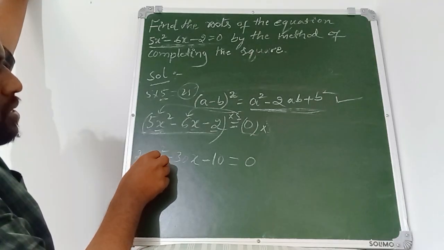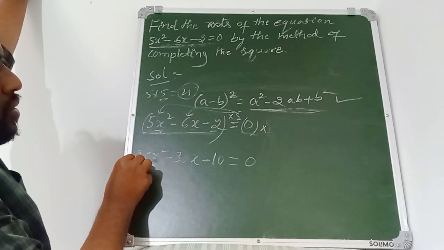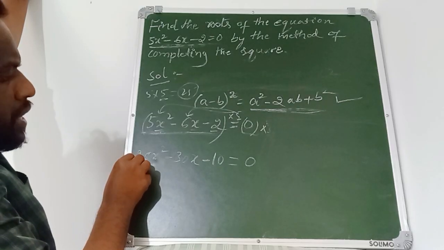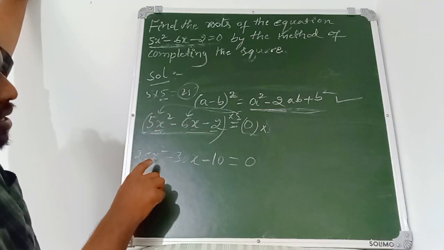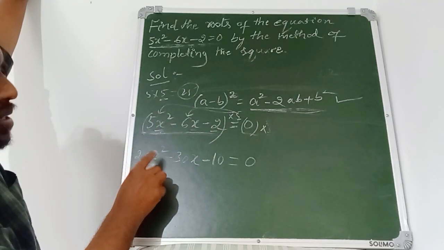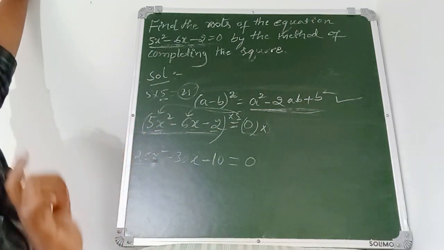Now this x square term is there. We have to rewrite the whole thing, not only x. First consider the x square term. So this whole thing is the x square term.